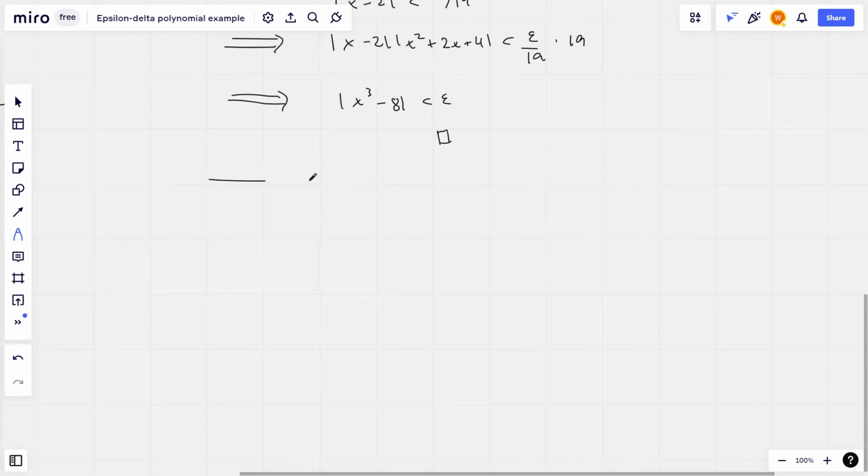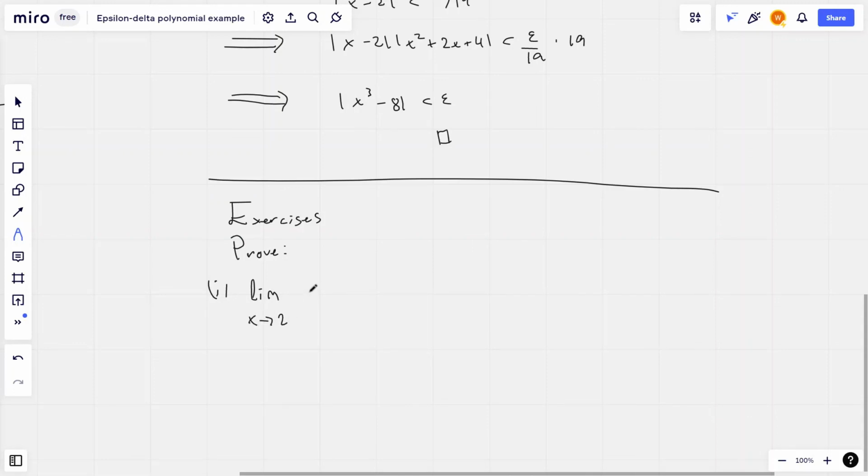Okay, so now I will give the viewer some exercises to try. Exercises. Firstly, prove that the limit as x goes to 2 of x squared is equal to 4. Secondly, limit as x goes to 3 of x cubed equals 27.